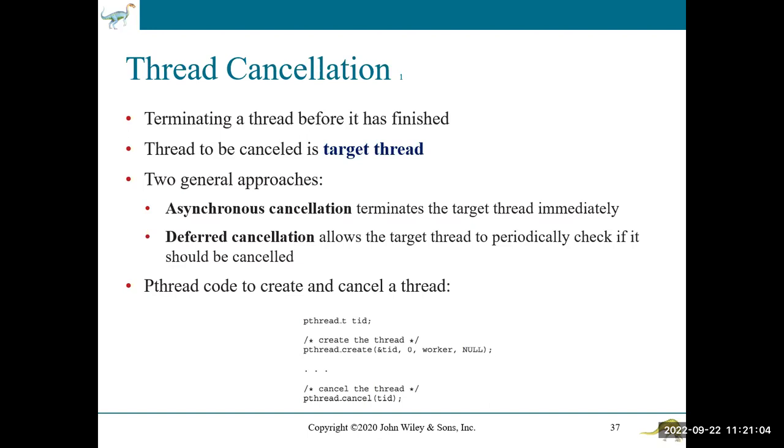Part of thread management is being able to stop or halt or cancel a thread. So the two general approaches to thread cancellation are immediate and deferred. Now this implies that there are conditions or events in the mix, and it's not explicitly stated.